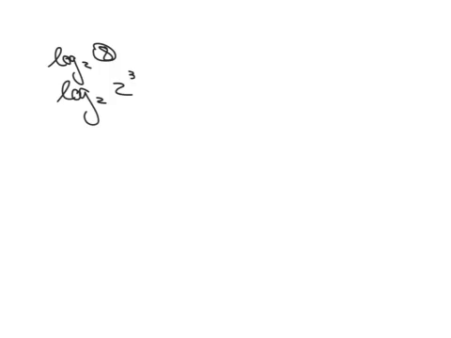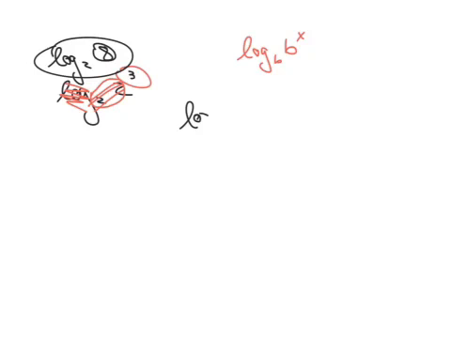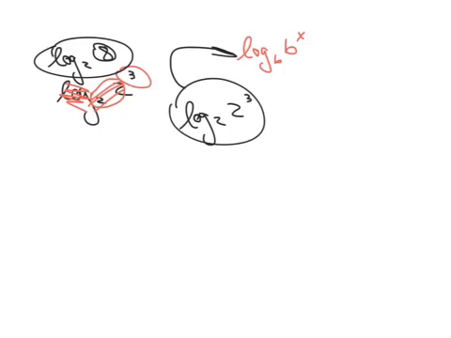Now notice what happened here. When I write 8 as 2 cubed, I have two 2's together, and when I have two 2's like that, they go away and the logarithm goes away, and I'm left with a 3, and that's my answer. That is from the second special identity, log base b of b to the x.